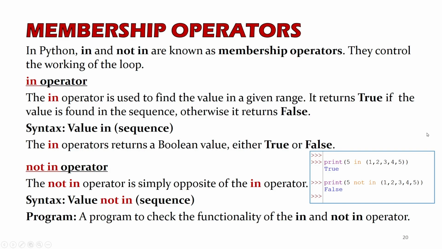See this, there is one program to check the functionality of in and not in. Print 5 in, and I have given a sequence. So it is asking whether 5 is present in this group or not. If it is yes, then it will give you true, and if it is not, then it will give you false.